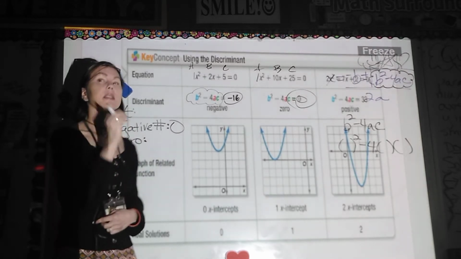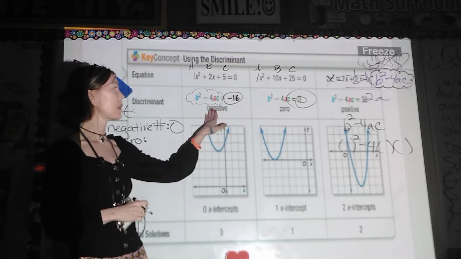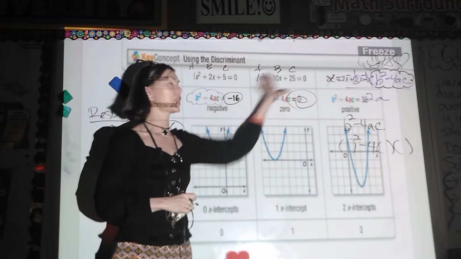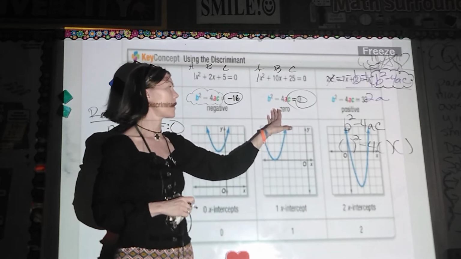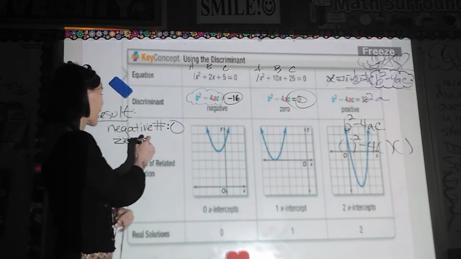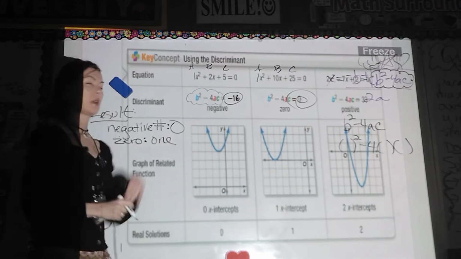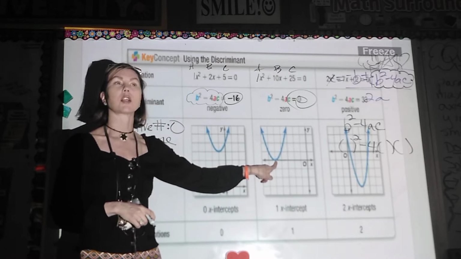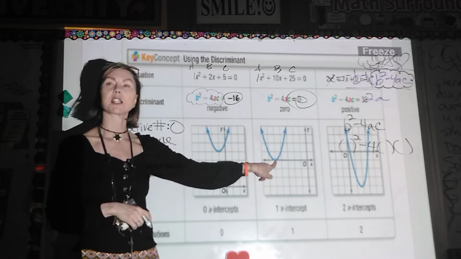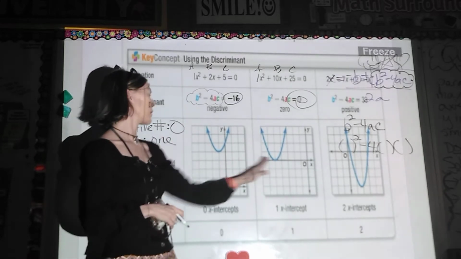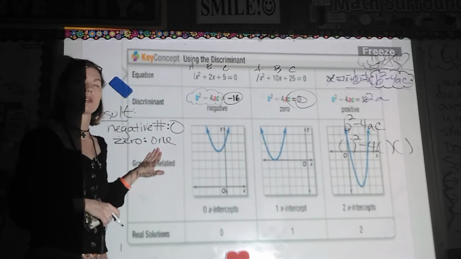When you get a 0 after you use the discriminant and do the math, then you know you have 1 solution. Look at the graph, because it's touching the x-axis at 1 point. So that would be 1 solution.